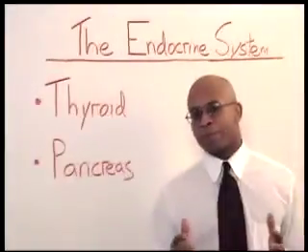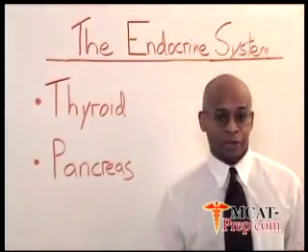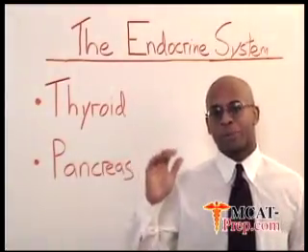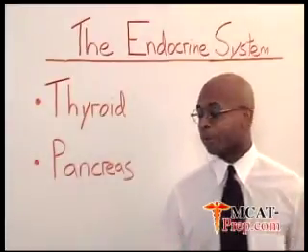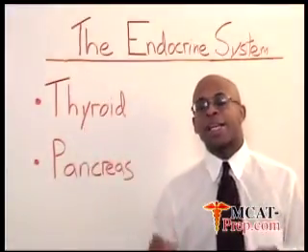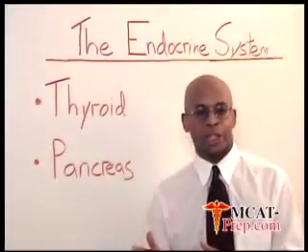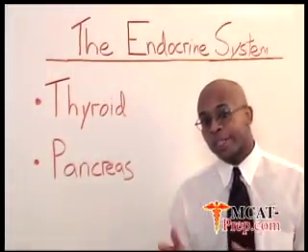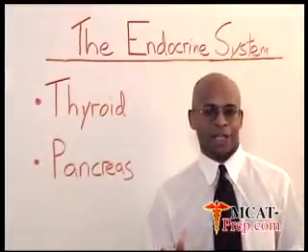Special mention must be made of some hormones which are not part of the hypothalamus pituitary organ axis. For example, in the thyroid gland, there are a group of cells that secrete a hormone called calcitonin. Calcitonin decreases the concentration of calcium in the blood.